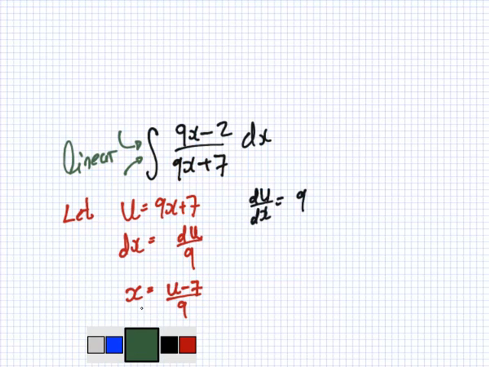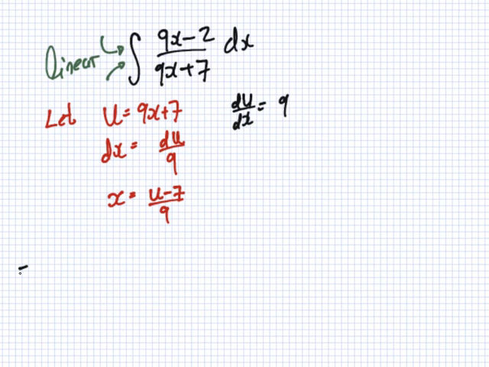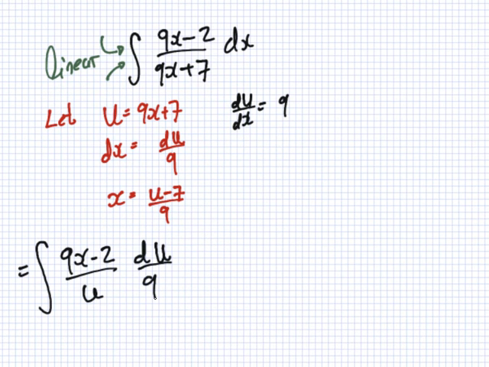Now, that will be useful in a moment, you'll see. So this question becomes the integral of 9x minus 2 over u, du over 9. Now this is kind of like your point, KJ. We do not have a cancel in here. We do not.